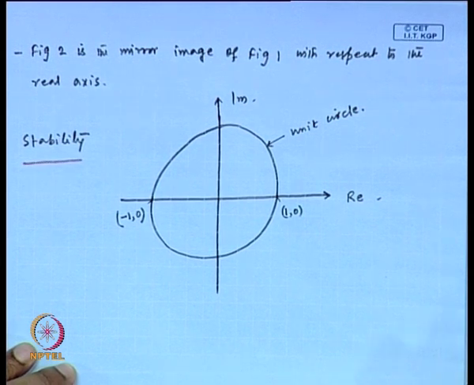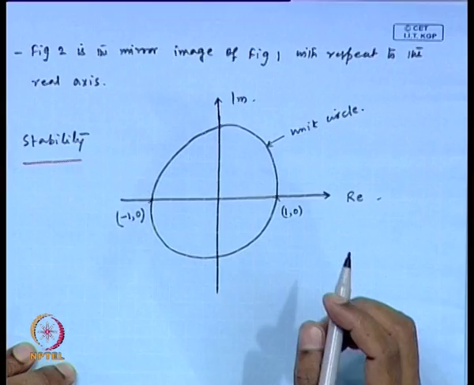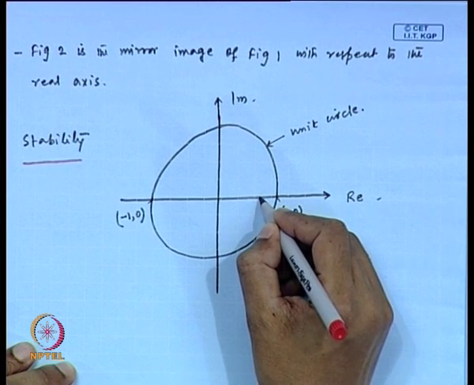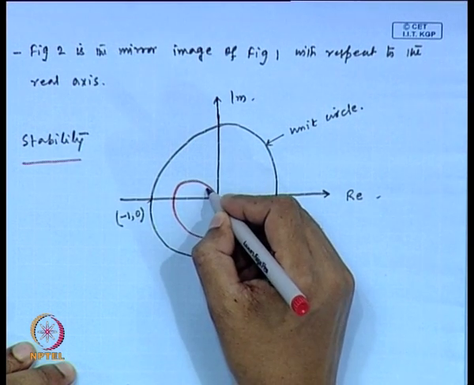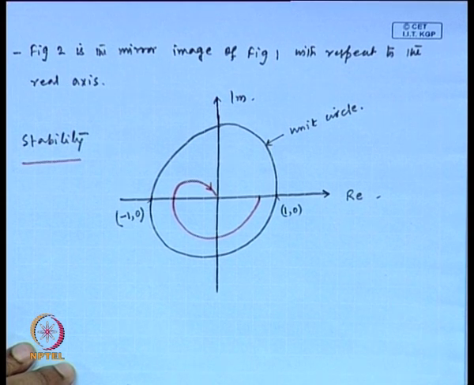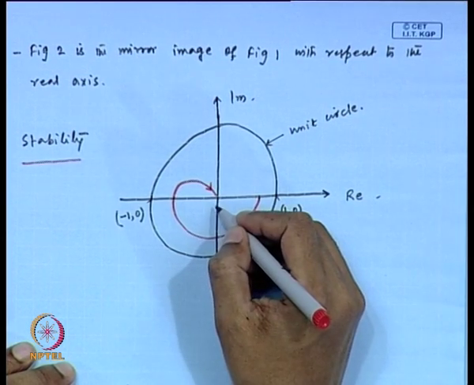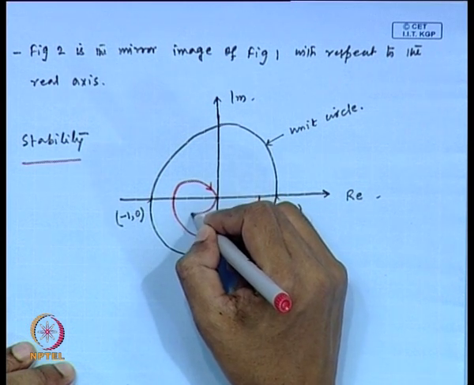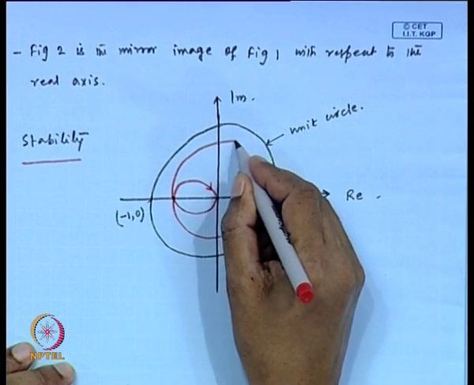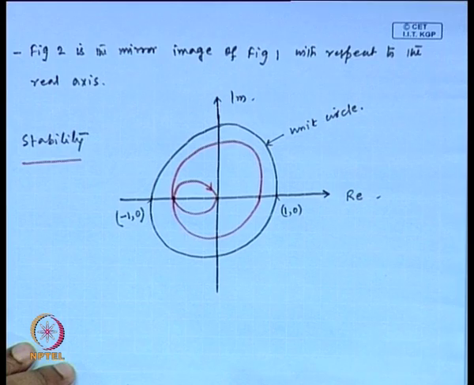Fine. So, we will consider Kc equal to 1. Then when we varied omega from 0 to infinity, we obtain this plot. You can say this is figure 1. Similarly, as we varied omega from minus infinity to 0, we obtain this plot.